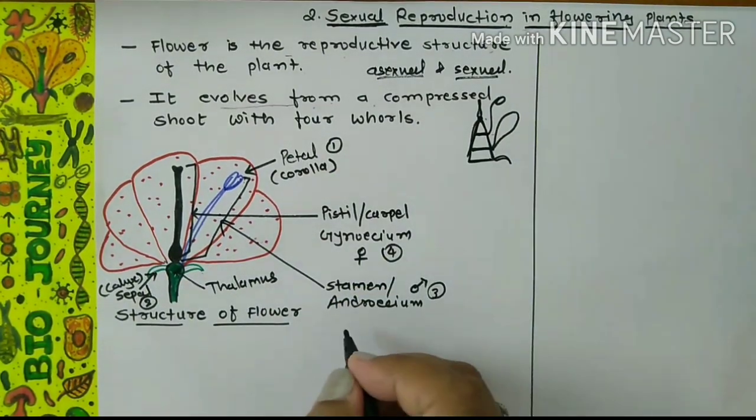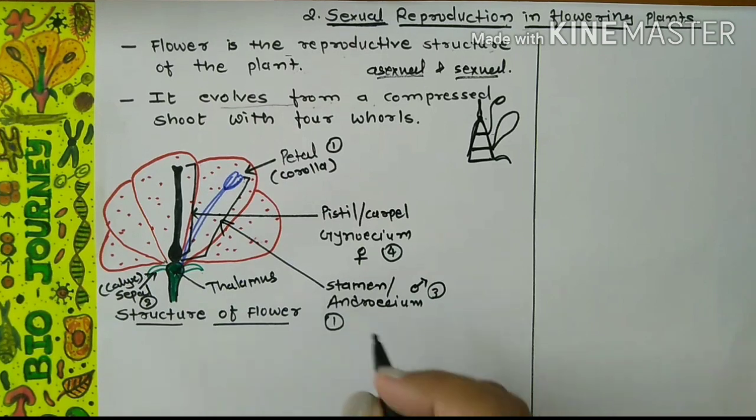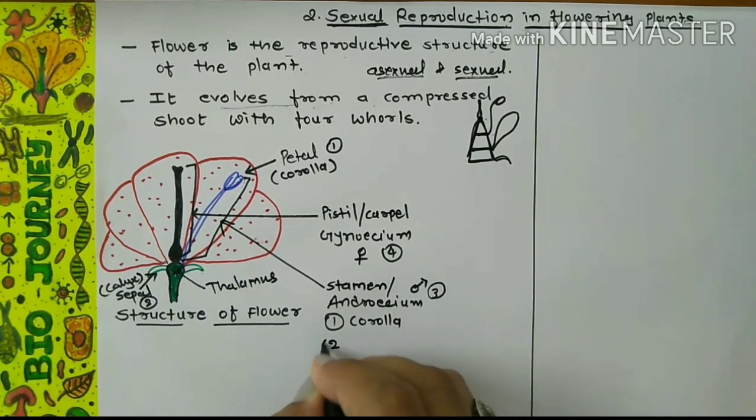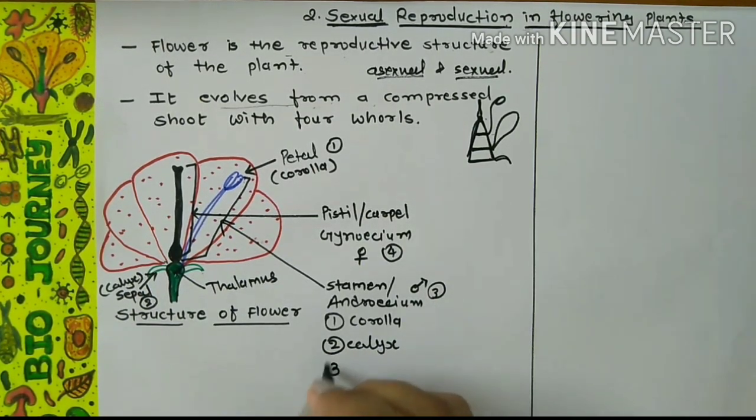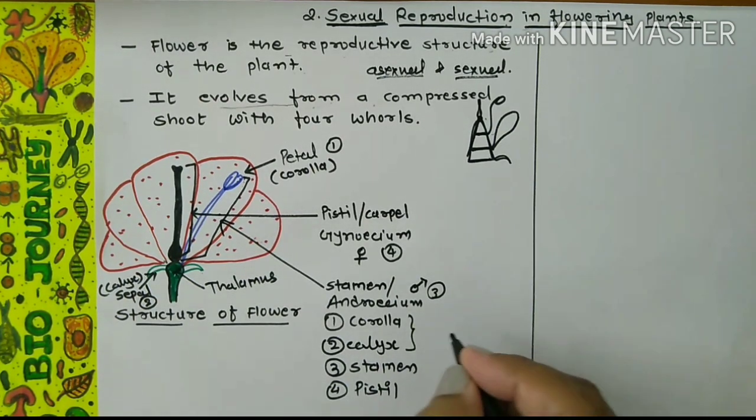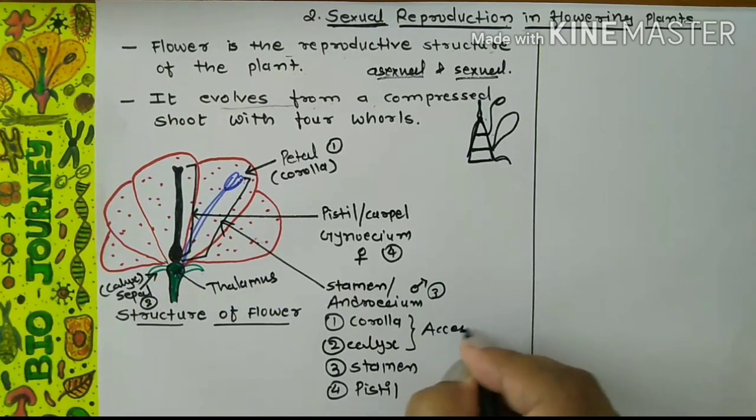So if I write here, number 1 corolla, number 2 calyx, third one stamen, and pistil. Now these two outermost rolls, corolla and calyx, are known as accessory rolls.